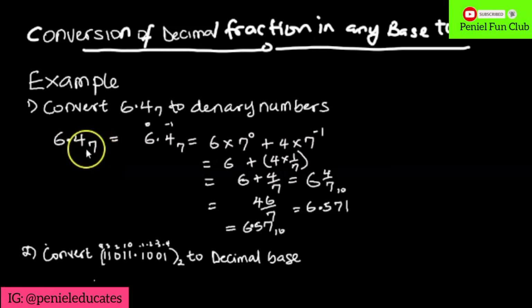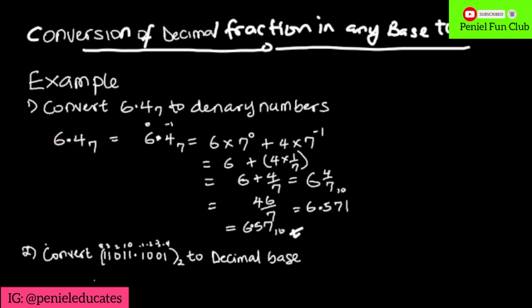Like I discussed before, anything after the decimal towards your right, you put -1. Then from here, you do 0, 1, 2, depending. So we have 6 times 7 raised to power 0 plus 4 times 7 raised to power -1. And you know that 7 raised to power -1 is 1/7. So when you do all these calculations, you get 6.57 base 10.